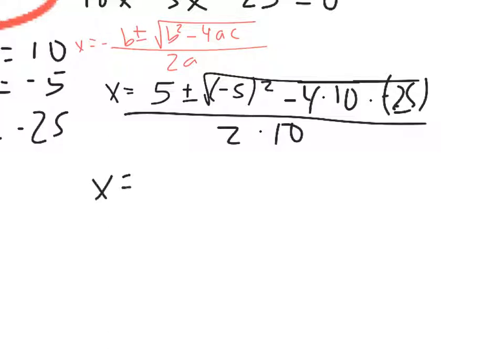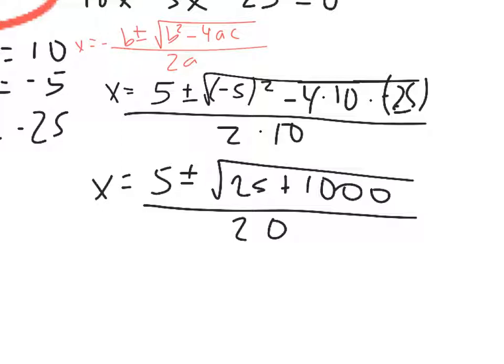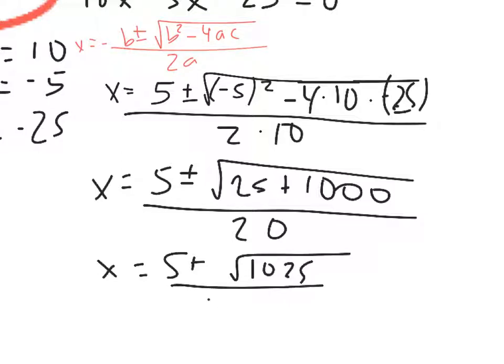So I have 5 plus or minus the square root of 25 minus, so negative times a negative is a positive, 4 times 10 is 40 times 25, so plus 1,000 inside parentheses, and then 2 times 10. Again, simplify one more time. 5 plus or minus the square root of 1,025 over 20.